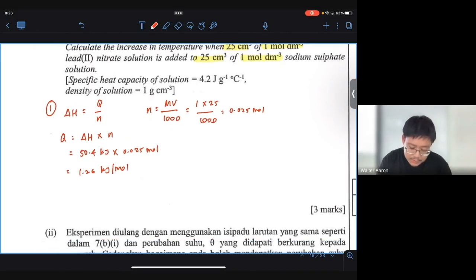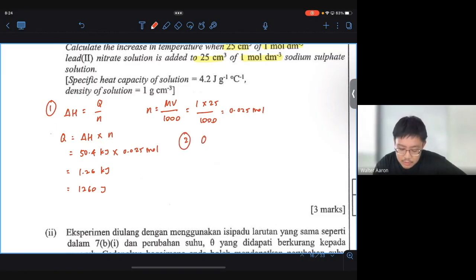Now this is in kilojoules, so we're going to convert it to joules first, because the first part of the formula uses joules. Multiply by 1000, and you get 1260 joules of energy. Then we use the second formula, which is Q equivalent to MC theta, making theta the subject because we want to calculate the temperature change.